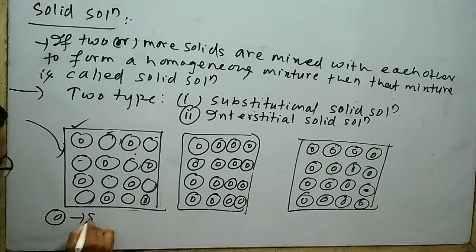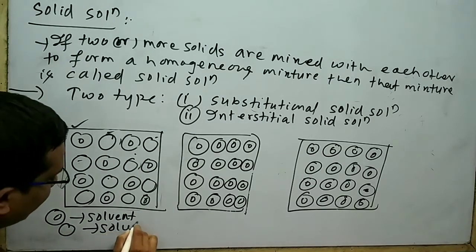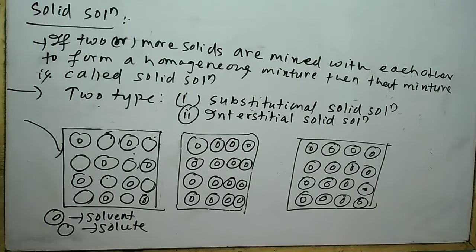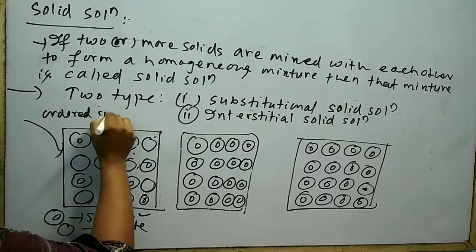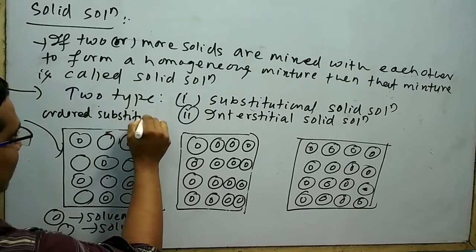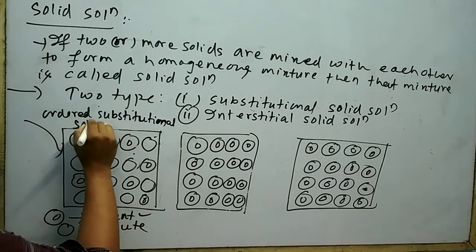This is the solvent molecules. This is said to be the solute molecules. Here the solute molecule substitutes the solvent molecule, and the solute and solvent molecules are arranged in an orderly manner. So this is said to be an ordered substitutional solid solution.